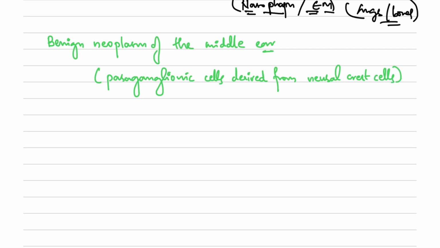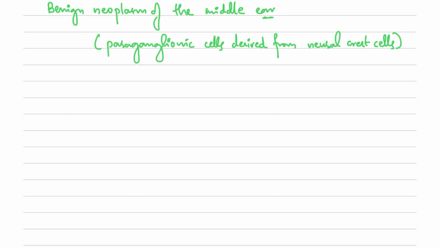So glomus tumor is a benign neoplasm of the middle ear which is made up of the paraganglionic cells derived from the neural crest cells.